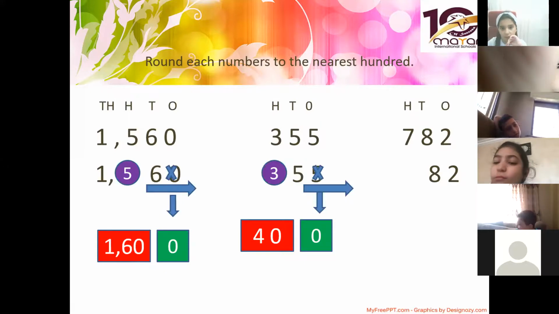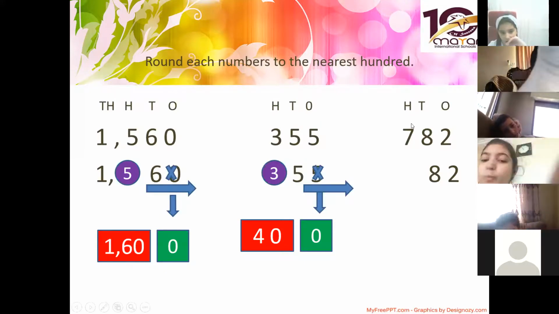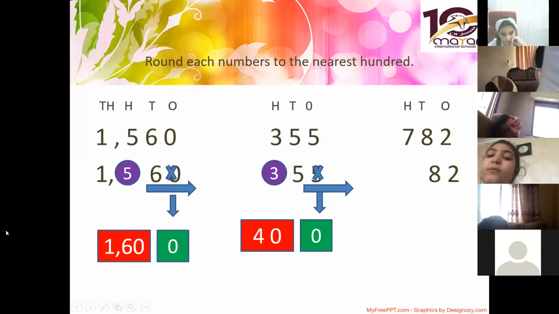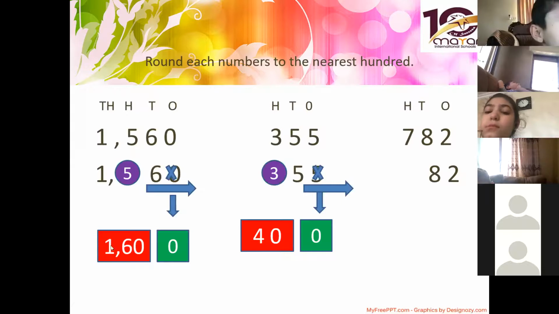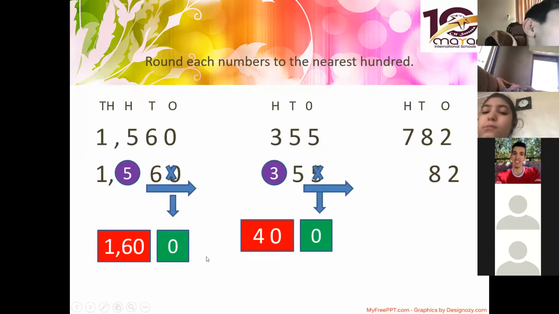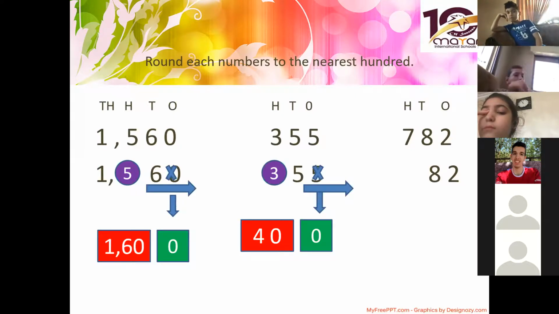We have this number, 782. So what are the hundreds that surround this number? 700 and 800. Always check the hundreds out and then write the one that comes before and the one that comes after. 782, we have 700 and 800. Okay, we have 700 and 800.